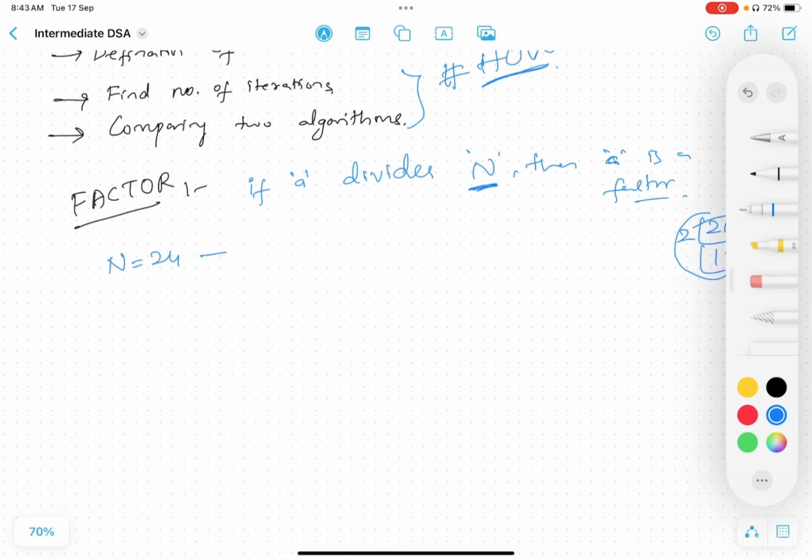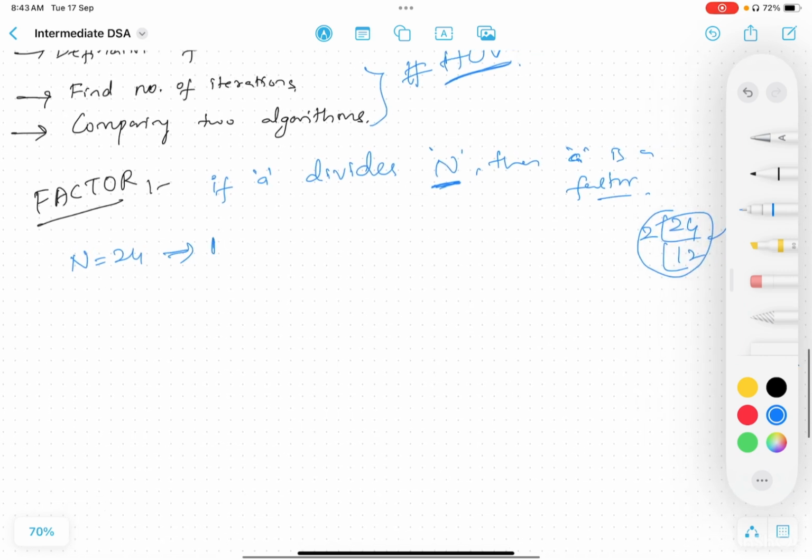Simply put, I start from 1, 0 cannot be a factor, 2, and so on, and see which number divides n. So 1 divides 24, 2 divides, 3 divides, 4 divides, 5 no, 6 divides, 7 no, 8 divides, and if you compare, it repeats itself. If 6 and 4 are there, 3 and 8 are there, 2 and 12 will be there, and 24 is there.